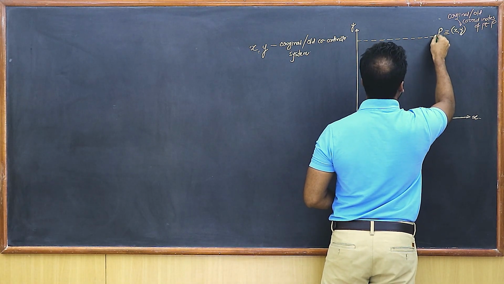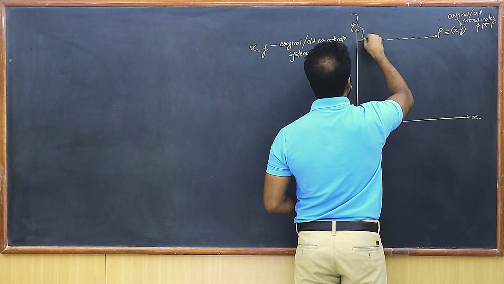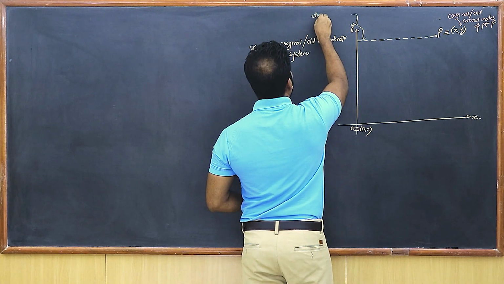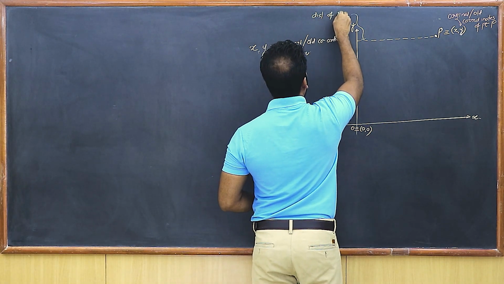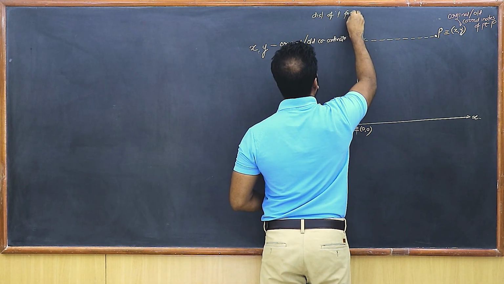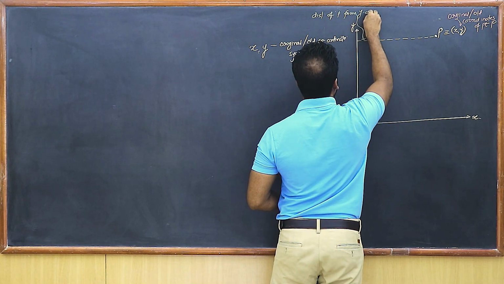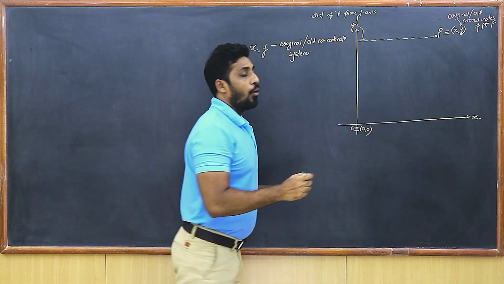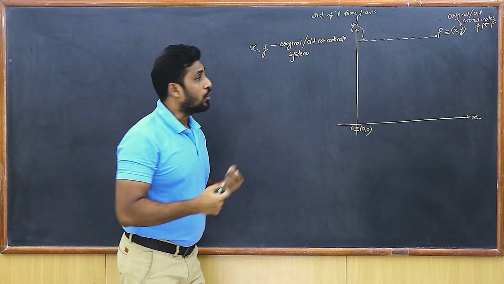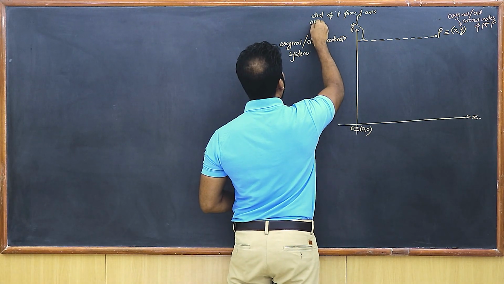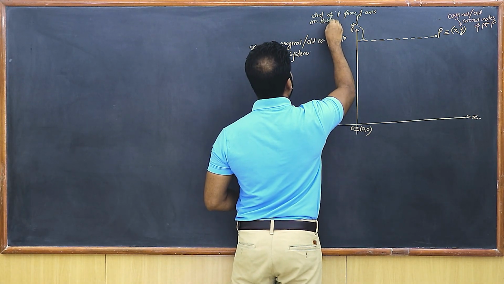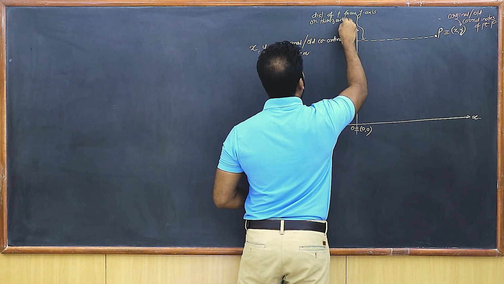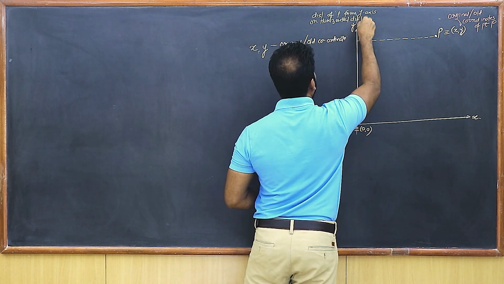So this is the horizontal distance, isn't it? So I'll call this the distance of P from the y-axis. So the distance of the point P from the y-axis, it is also called the horizontal distance.